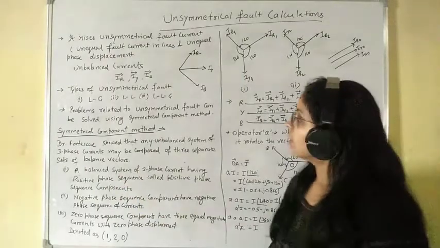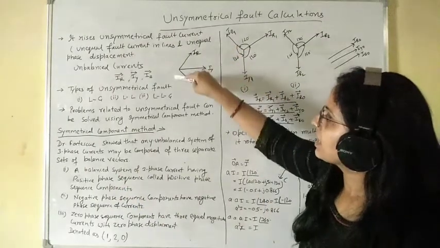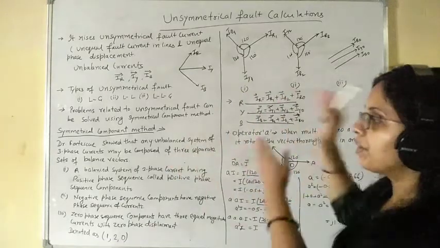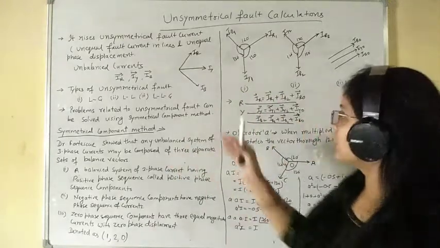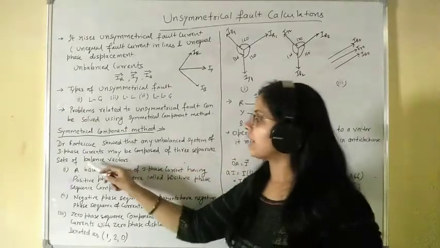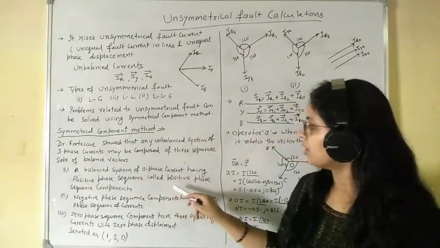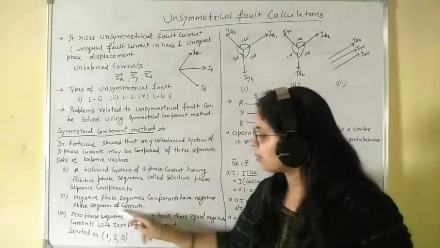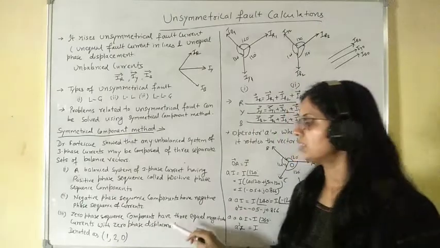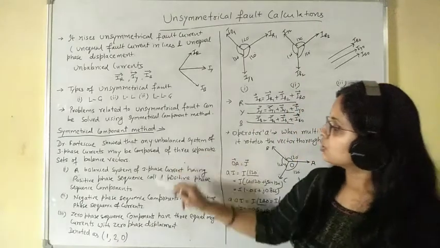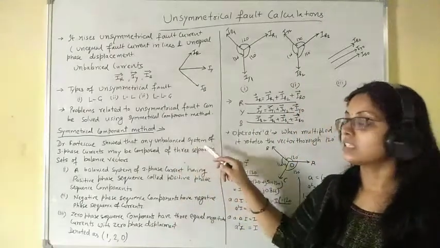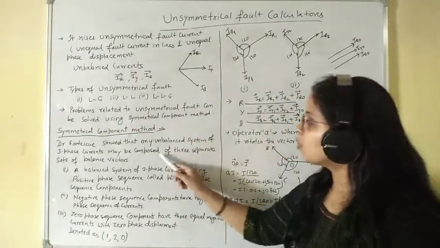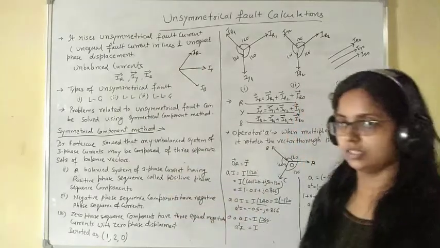That means this unbalanced current can be composed of three separate sets of balanced vectors, which we will study further. And what will those vectors be? They are the positive phase sequence component, negative phase sequence component and zero phase sequence component. Means any unbalanced system, that may be voltage or current, can be composed of these three components.